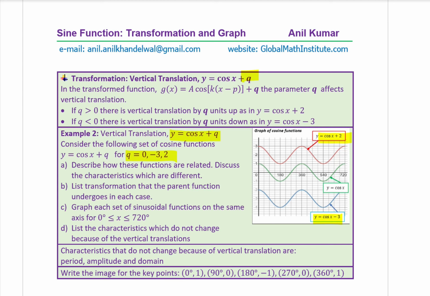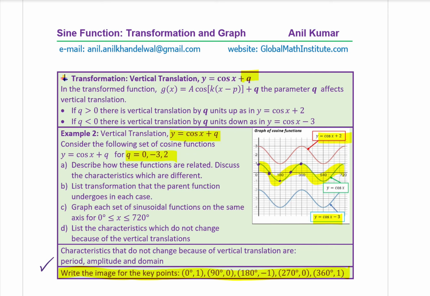Now, I'll also encourage you to look into these key points which will be there on the parent function. These key points are basically the 5 points: 1, 0, -1, 0, and 1. So I'd like you to write down the corresponding points on the image of the given transformed functions, right? That's kind of important.